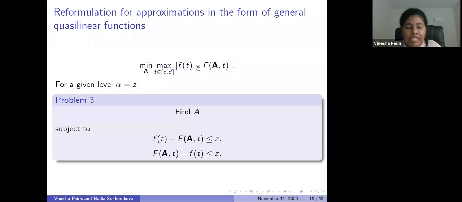So f of a t is quasi-linear, therefore we are working with sublevel sets here. Even though you see just 2 inequalities, we have this type of inequality for each t in this interval CD. So we have a set of constraints and they are convex sets. Basically we have to check if we can find a point in the intersection of these convex sets.